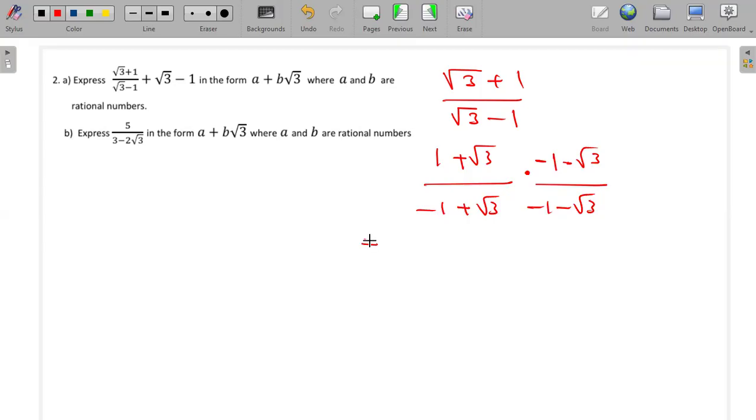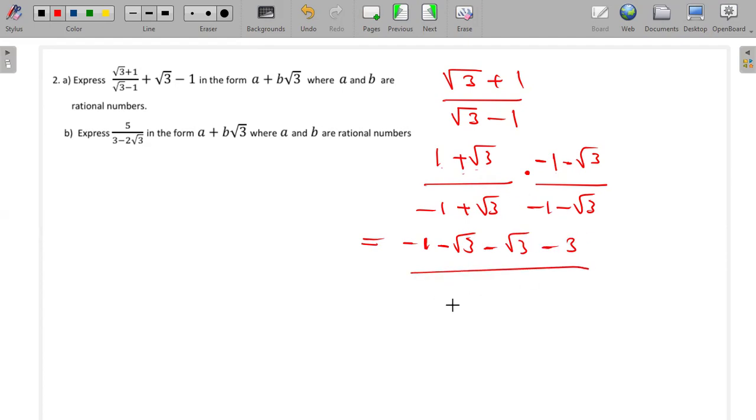Then this is going to be equal to, so you have 1 multiplied by negative 1, that gives negative 1. Then 1 multiplied by negative root 3 is negative root 3. Then root 3 multiplied by negative 1 gives negative root 3. The last one gives negative 3.